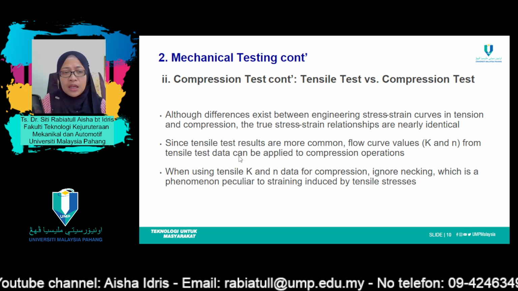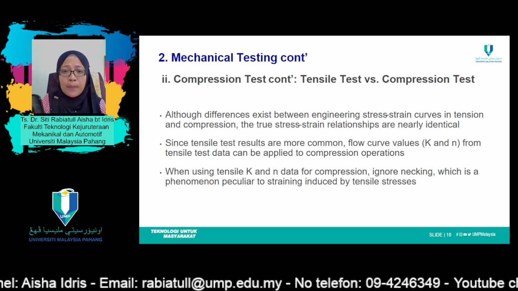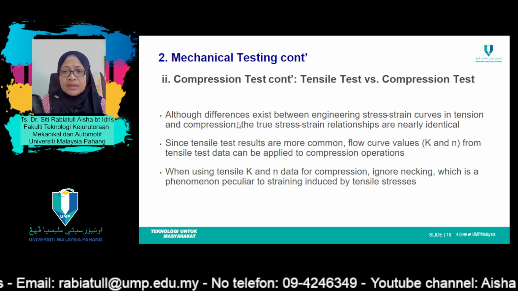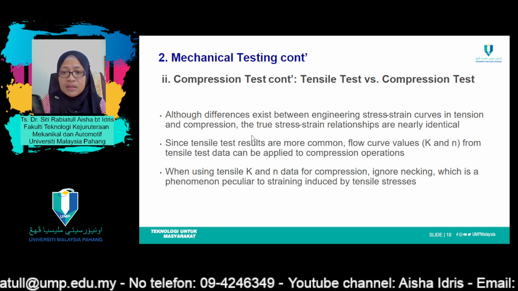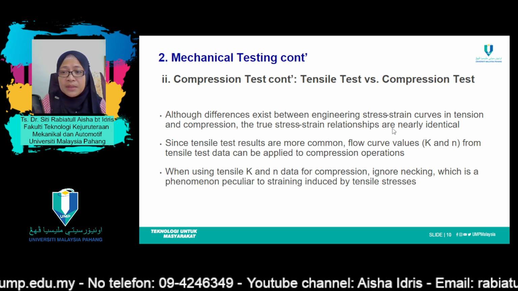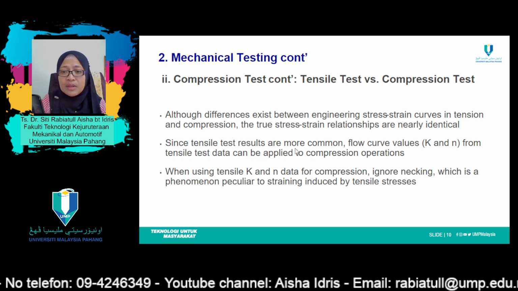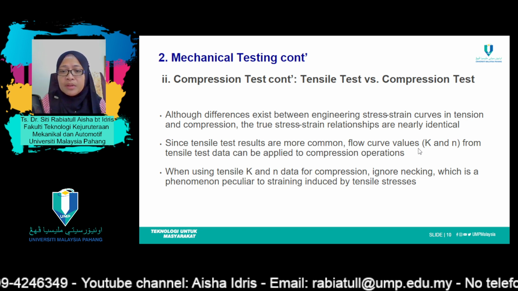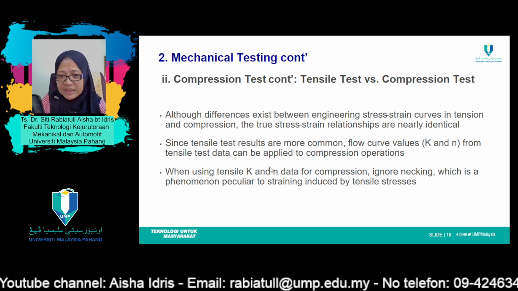This is the comparison between tensile and compression tests. Number 1, although differences exist between the engineering stress-strain curves in tension and compression, the true stress-strain relationships are nearly identical. Number 2, since tensile test results are more common, flow curve values from tensile test data can be applied to compression operations.